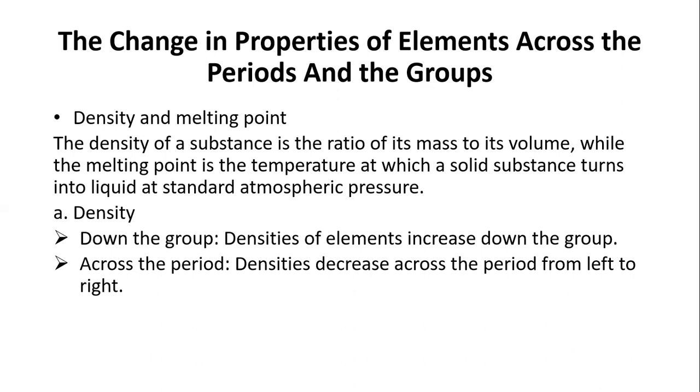How does it work for these elements across the periods and the groups? Down the group, the densities of elements increase. So if you move from top to bottom, the densities of the elements increase, while across the period, the densities decrease from left to right. So when you move from left to right in your periodic table, the densities of the elements will decrease. So there you have it.